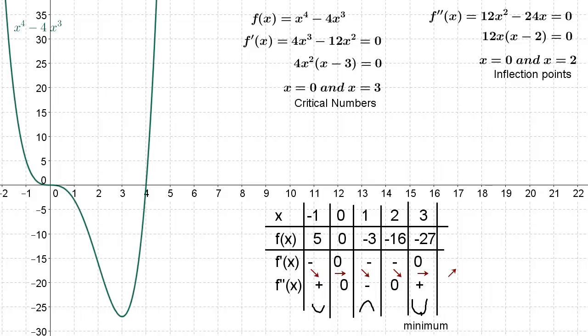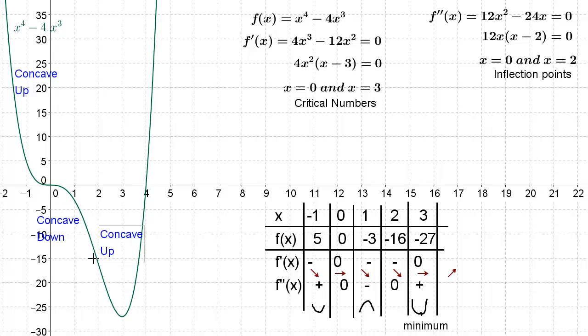Let's take a look at it. And here is that function, x to the 4th minus 4x cubed, the original function, graphed, and you can see it matches up with what we expect. It is concave up all the way to x equals 0, and you can see kind of half of that concave up bowl. It is concave down from 0 to the next point of inflection, because 0 is a point of inflection, and so is x equals 2.